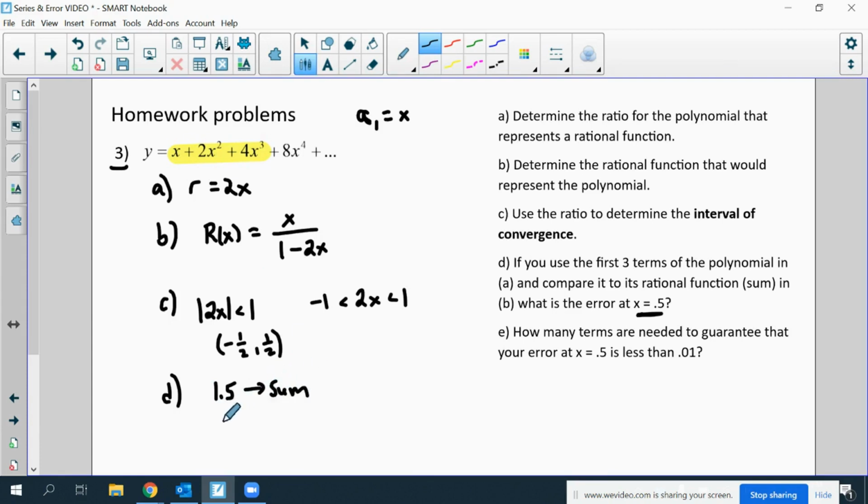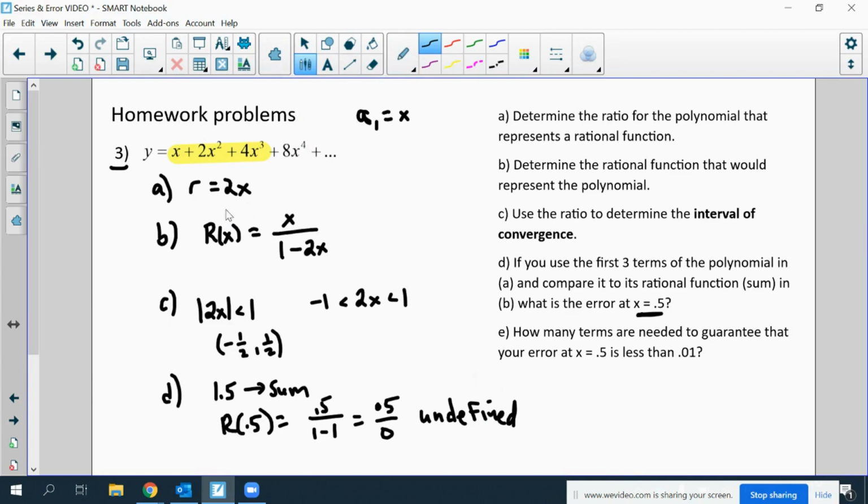The function r of x at 0.5 is 1.5 over 1 minus 1. Oh, that's 0.5 divided by 0. This is undefined. So I have an undefined error. And that makes sense. If you think about the actual graph of this, there is an asymptote at 1/2.